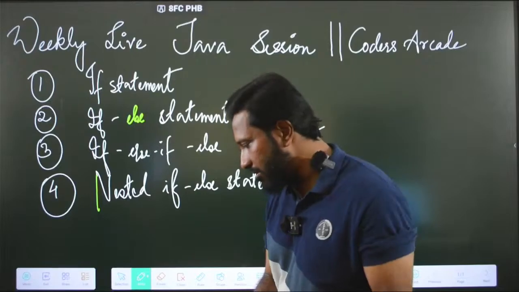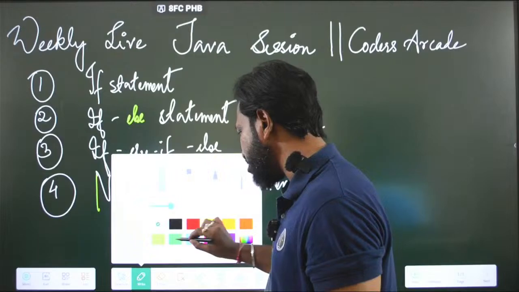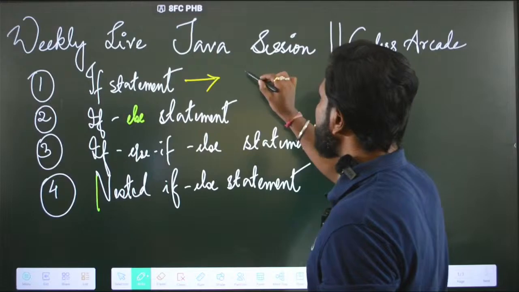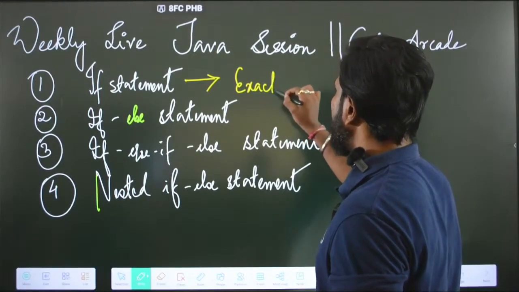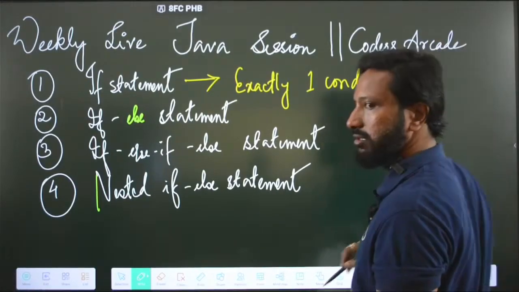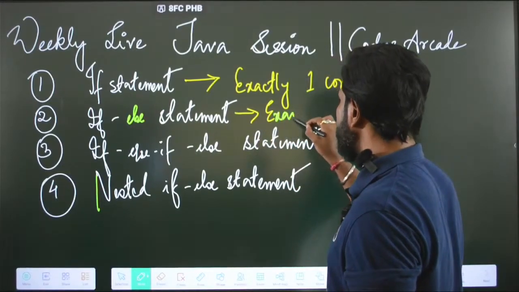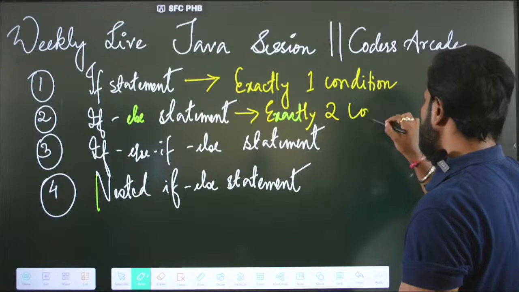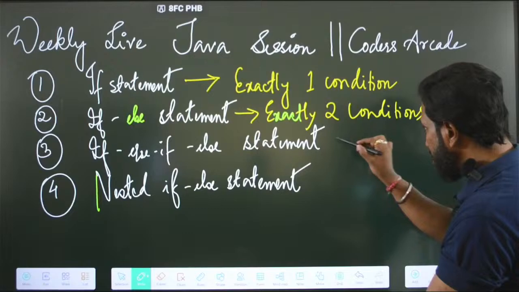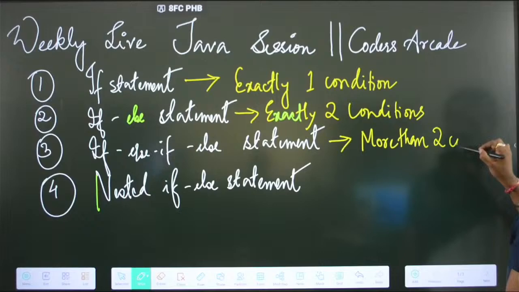As I had already told you, let me just give you a simple recap. I will not take much time in this. The if statement was for exactly one condition, and then the if else statement had exactly two conditions. In if else if, we had more than two conditions.